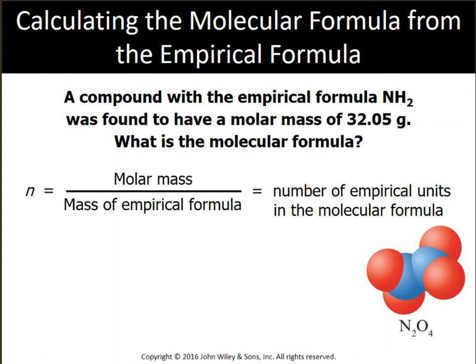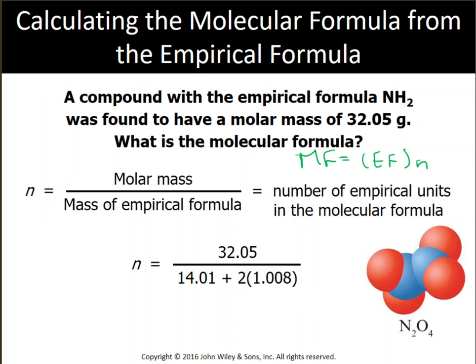So in order to find the molecular formula, remember that molecular formula is empirical formula times N. So in order to find the molecular formula, we need to have our empirical formula units basically, so N. So in order to find N, that's the molar mass, which is given to you, 32.05, divided by empirical formula mass.